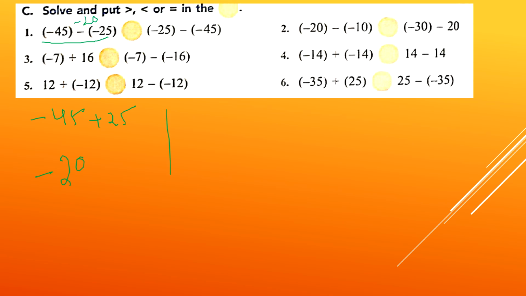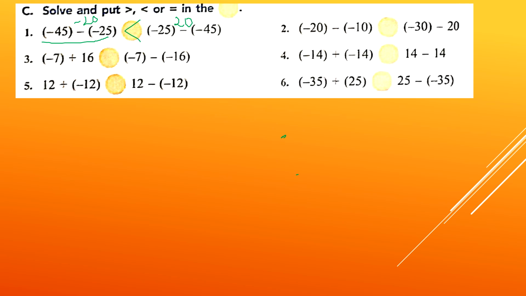And here this is minus 25 plus 45. You will again subtract it. So this is also 20, but this one is positive 20. Now negative 20 and positive 20, obviously the positive number is bigger.